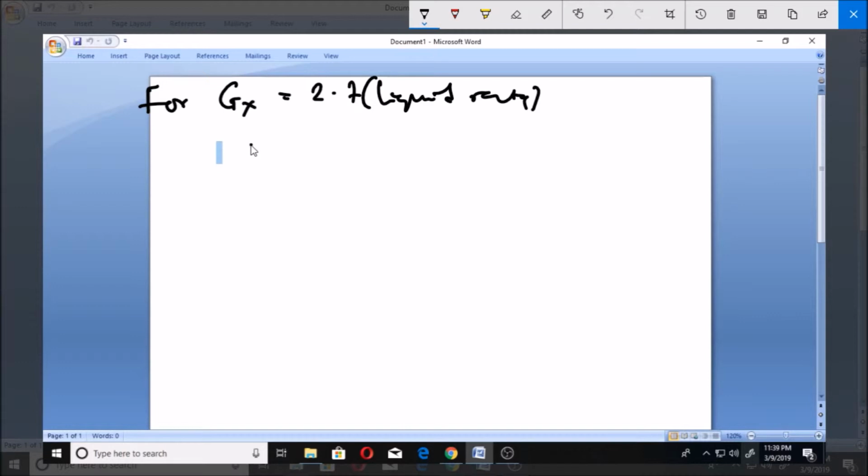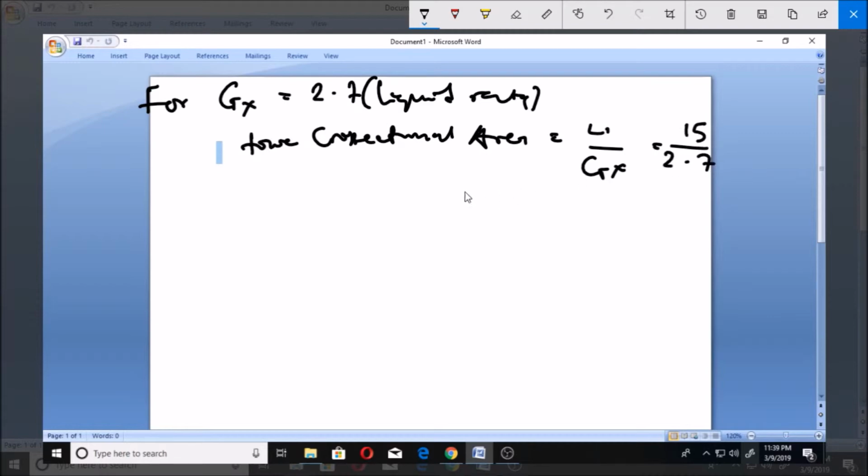We have the tower cross-sectional area, which will be equal to L prime over Gx, which is equal to 15 over 2.7. So this cross-sectional area is going to be equal to 5.56.